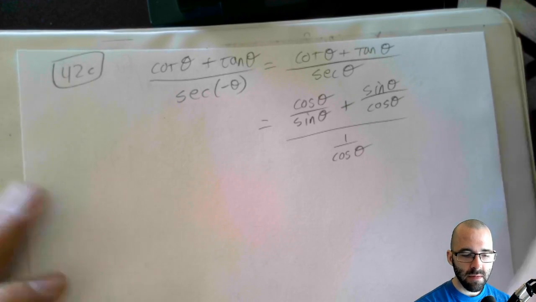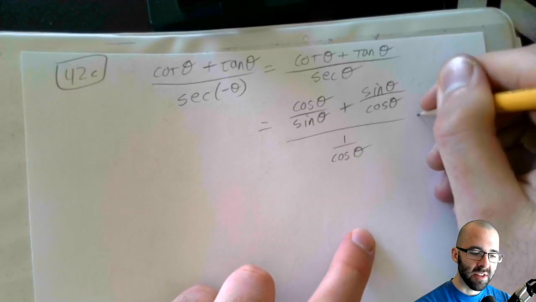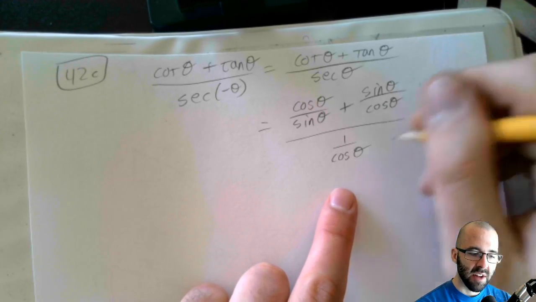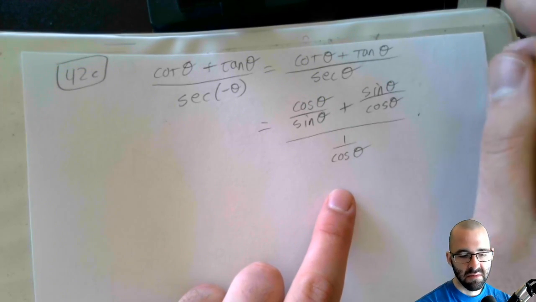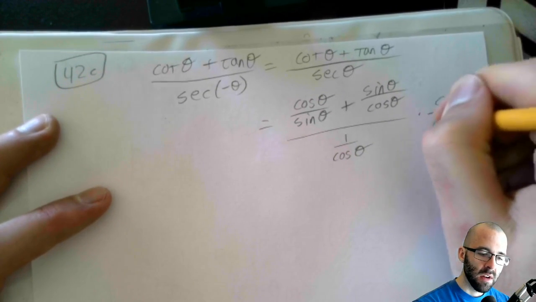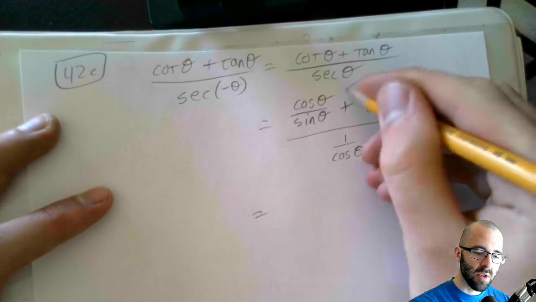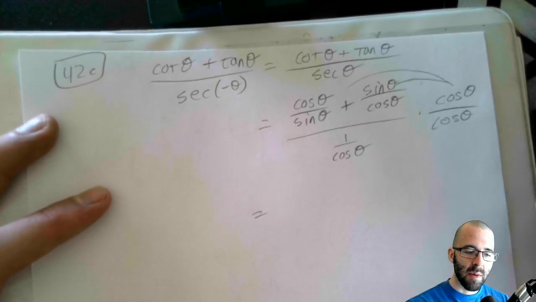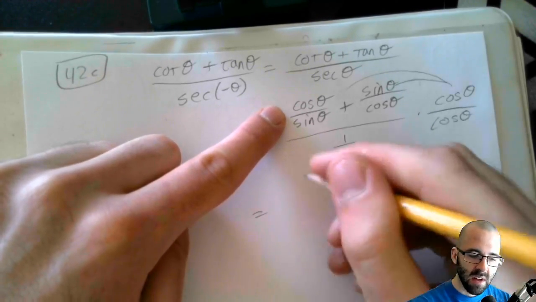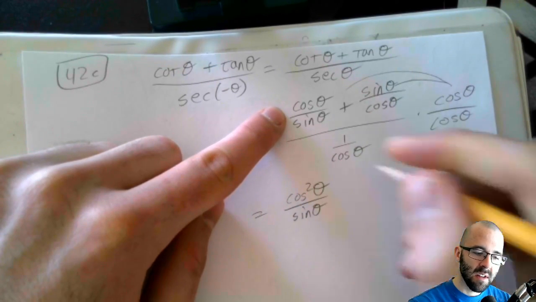A lot of different ways of approaching this. Another way is to really just multiply by cosine of theta over cosine of theta. Whatever you prefer. Because if we do this, we have to distribute it on the top. And remember, it's like cosine of theta divided by 1, so it only goes into the numerator. This becomes cosine squared of theta over sine of theta.